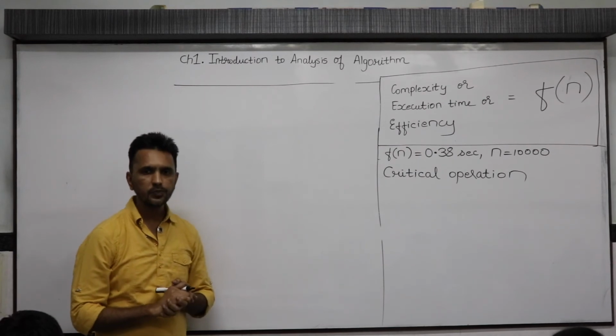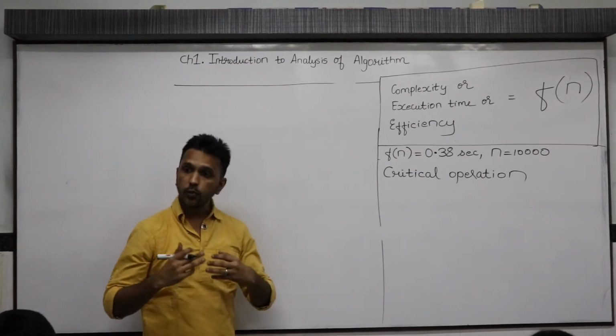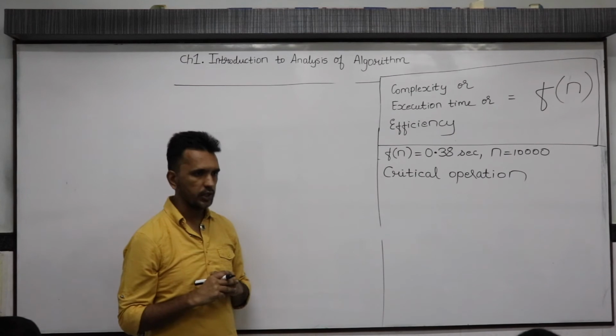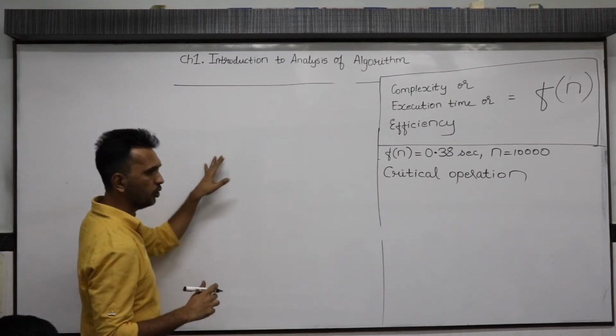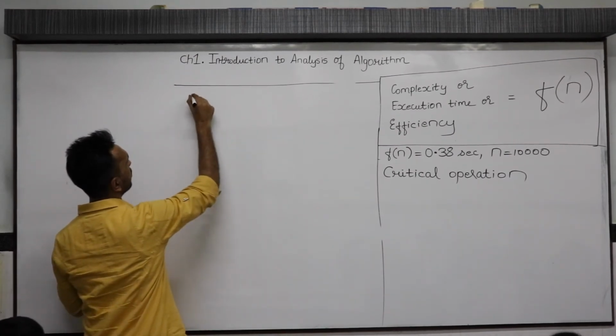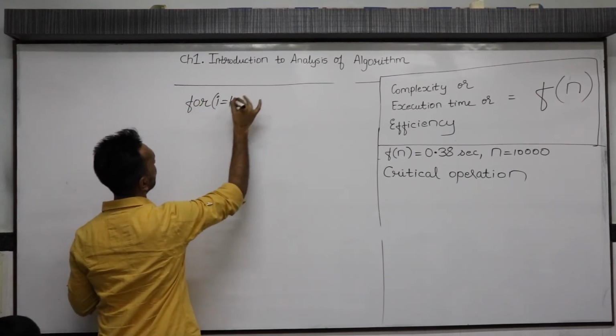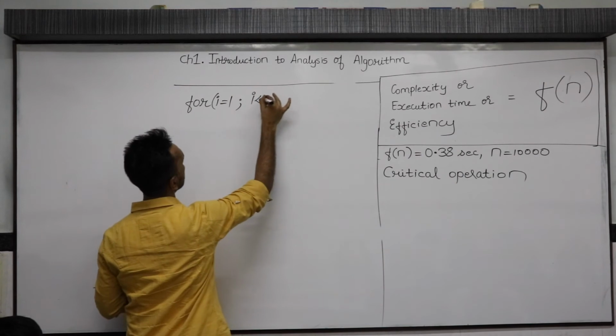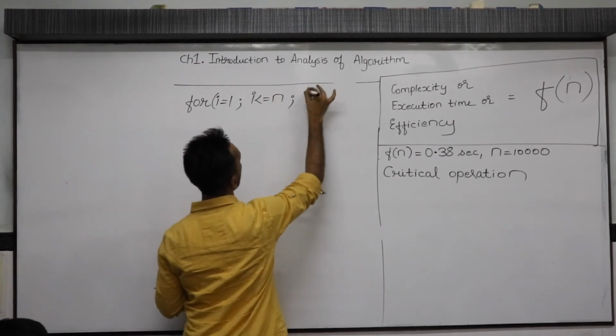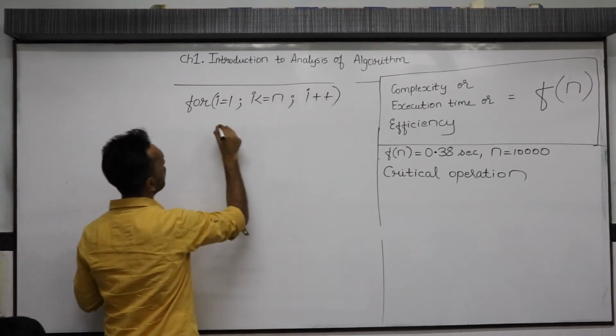Alright. Now, let's try to understand what this critical operation is with the help of a code. So look over here. While I write the code, you try to see how it works. For i equal to 1, i less than equal to n, i plus plus.